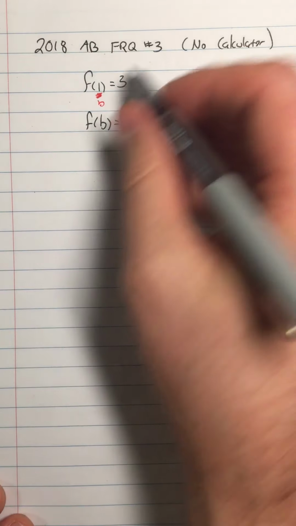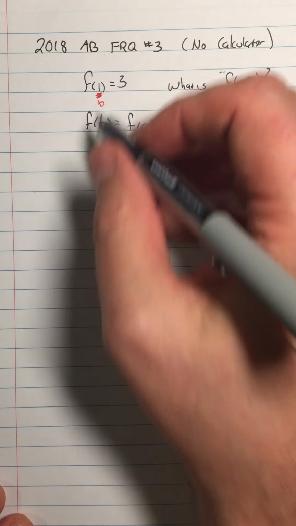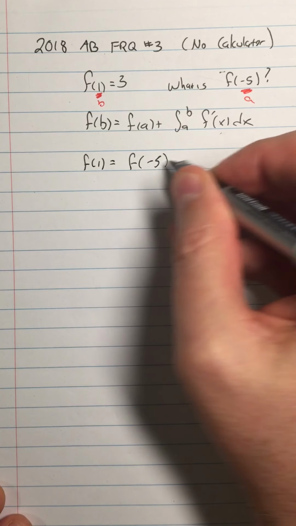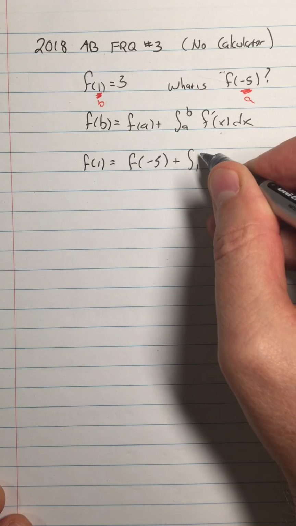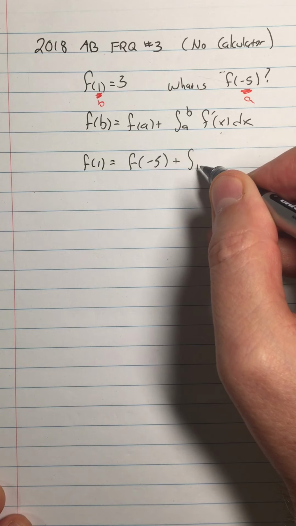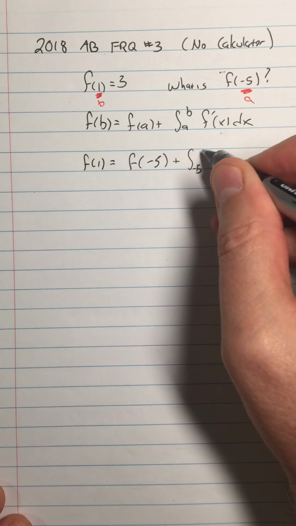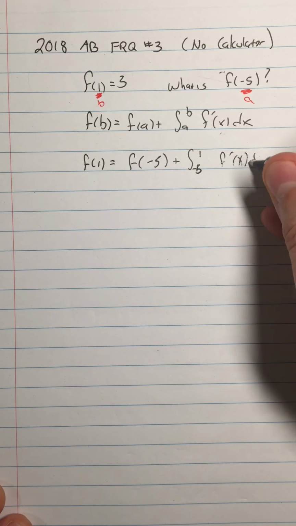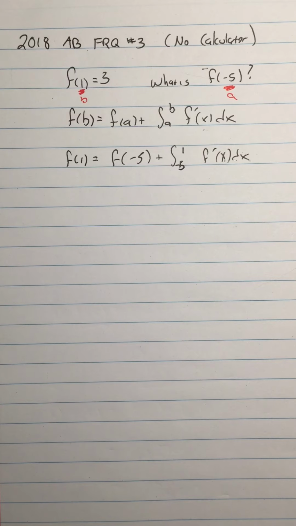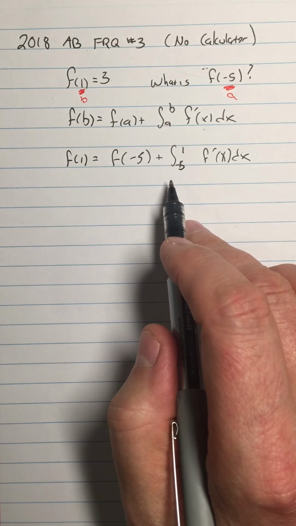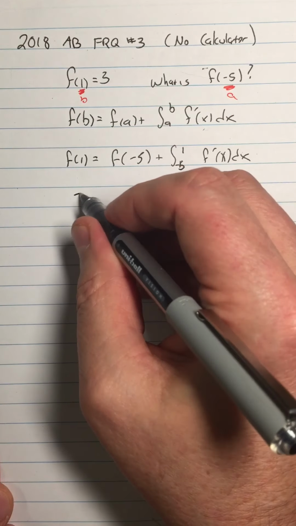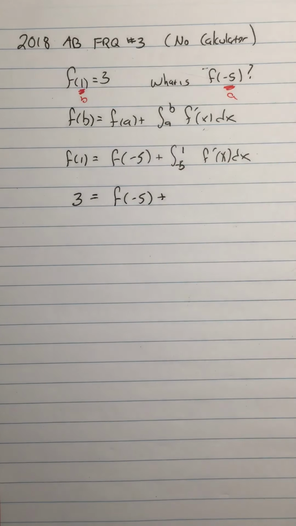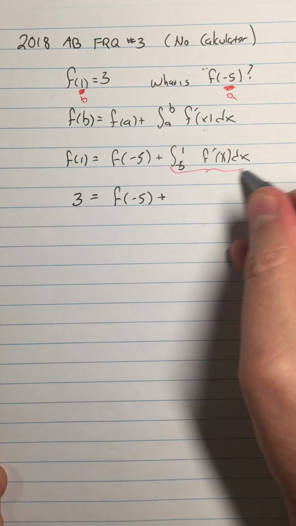So then in this setup I would have f of 1 equals f of -5 plus the integral from -5 to 1 of f prime of x dx. So this is one way you can write it. In this sense, you know what f of 1 is, and you're calculating f of -5, and then we just have to get a handle on what this integral is.